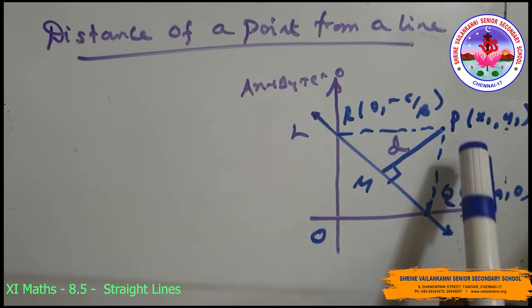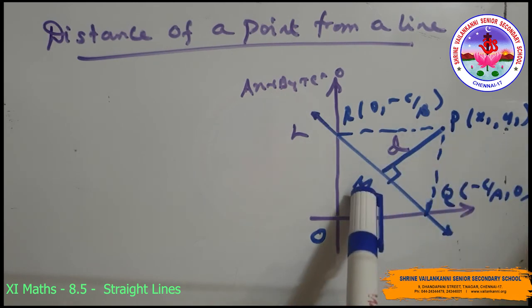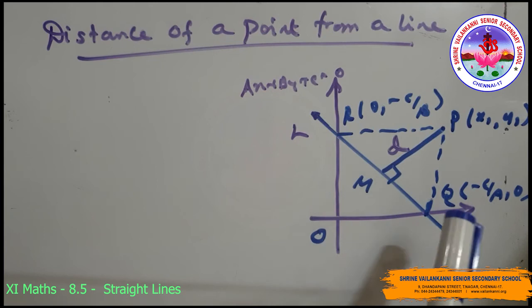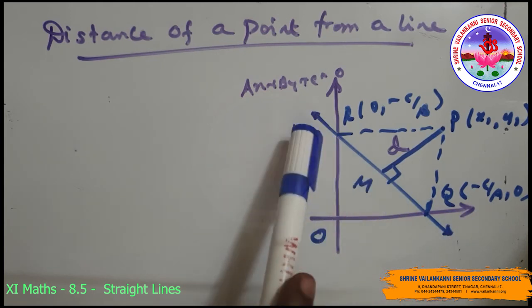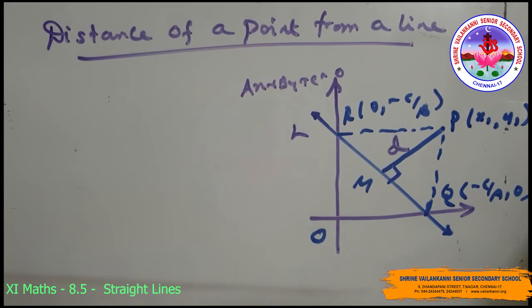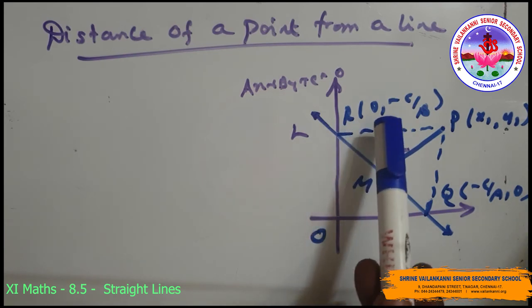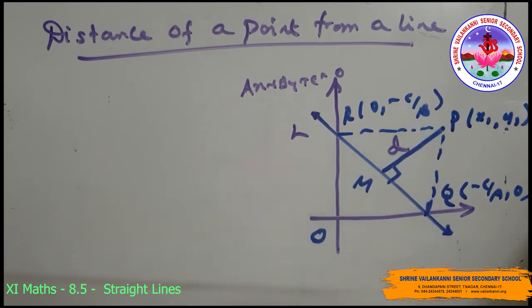Draw a perpendicular PM from the point P to the line L. If the line meets the x-axis and y-axis at the points Q and R respectively, then the coordinates of the point Q are minus c by a comma 0 and coordinates of R are 0 comma minus c by b.